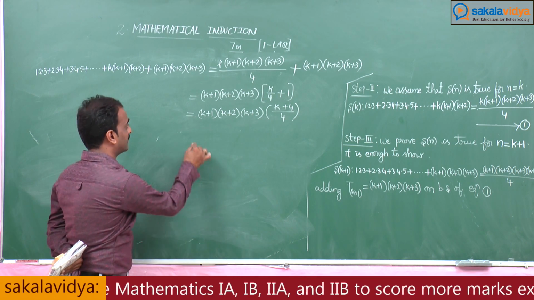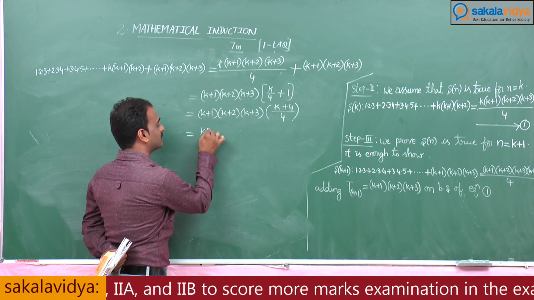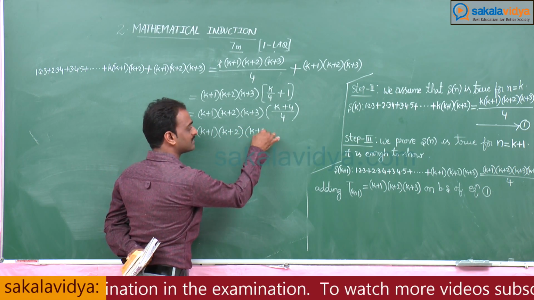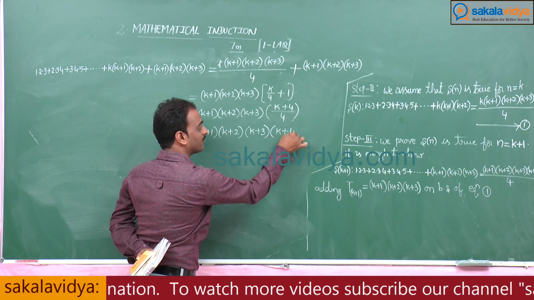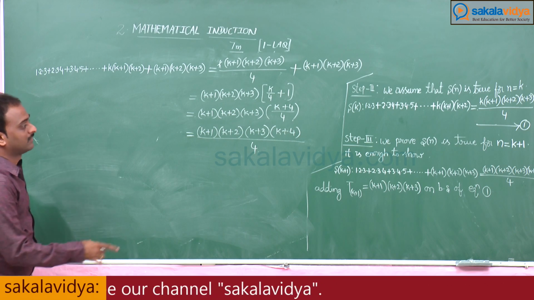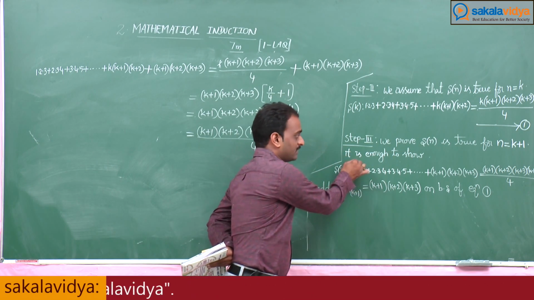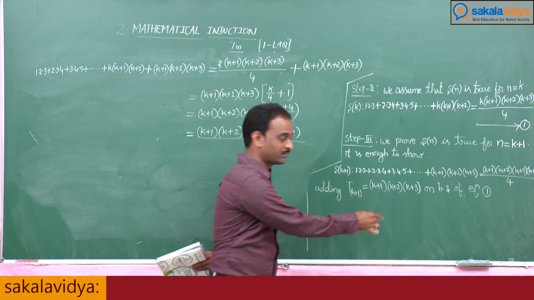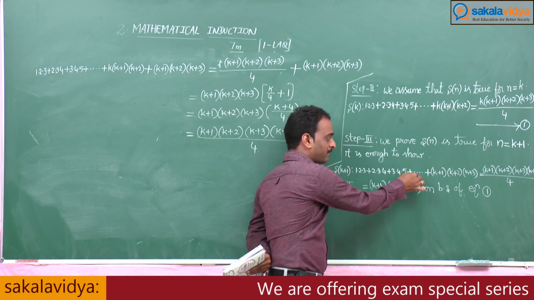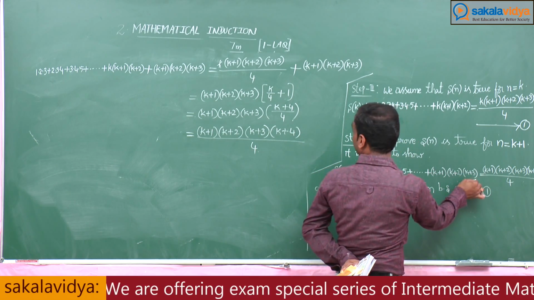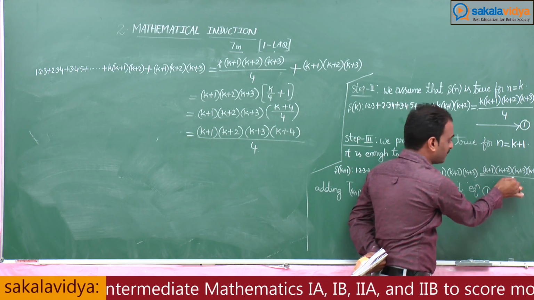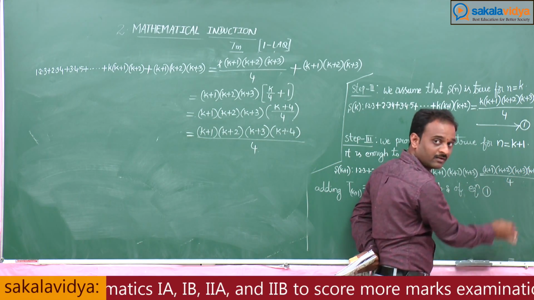So we can write it as k plus 1 into k plus 2 into k plus 3 into k plus 4 by 4. If you observe this, what we had to prove was already stated: 1 into 2 into 3 plus 2 into 3 into 4 plus 3 into 4 into 5 plus and so on plus k plus 1 into k plus 2 into k plus 3 is equal to k plus 1, k plus 2, k plus 3, k plus 4 by 4.